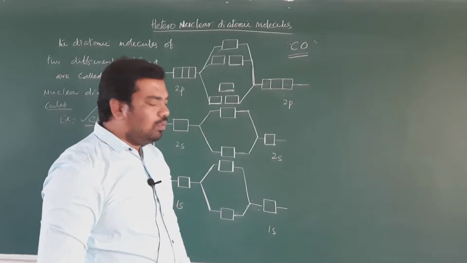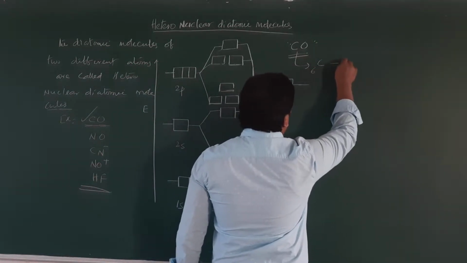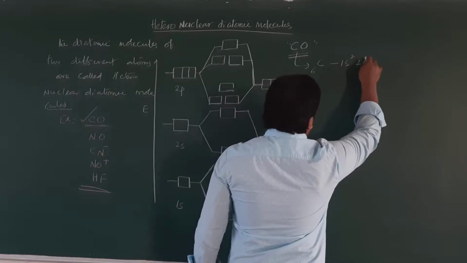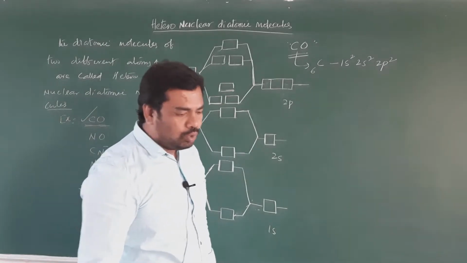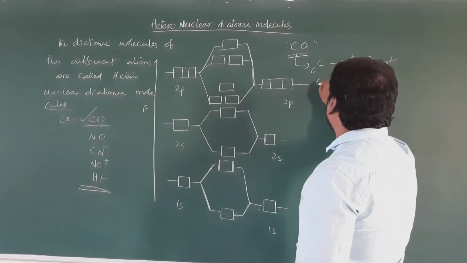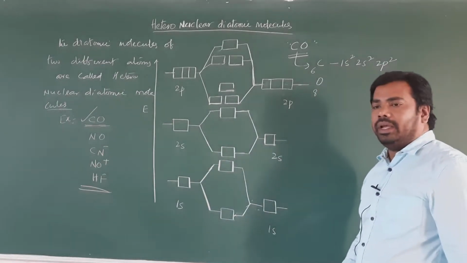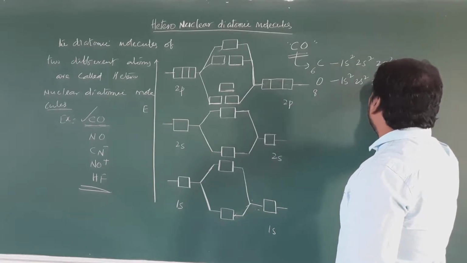We know very well that carbon has atomic number 6, electronic configuration 1s2, 2s2, 2p2. Oxygen has atomic number 8, electronic configuration 1s2, 2s2, 2p4.